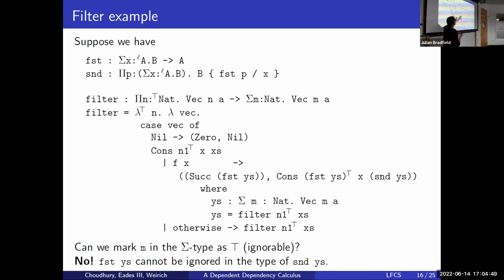What we're going to do is mark it. You can kind of think of sigma as having that already, but what we need is a level that's distinct from top or bottom, in order to say exactly what we want.